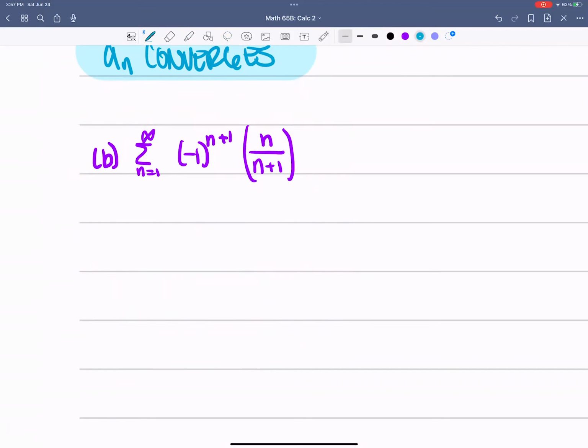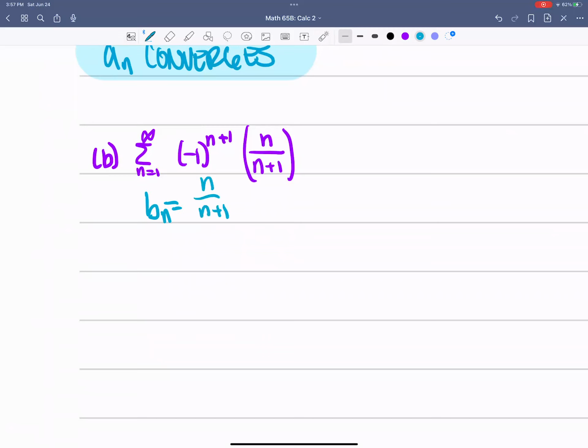For part B, we're doing the same thing. We're going to first look for b sub n. b sub n is just our series without the alternating part, so b sub n is going to be n over n plus 1.